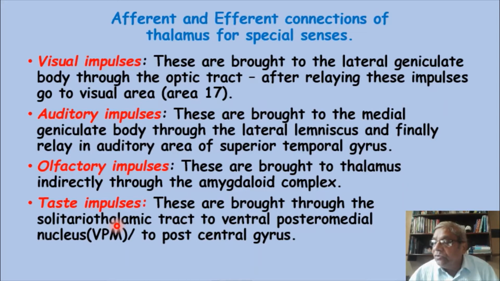I will show you the ventral posteromedial nucleus. And from the ventral posteromedial nucleus of the thalamus, the efferent fibers ultimately go to the postcentral gyrus, areas 3, 1 and 2.